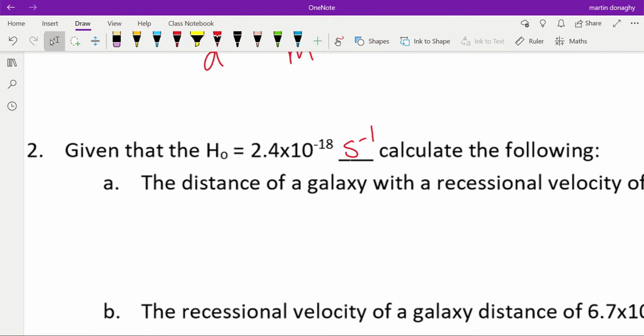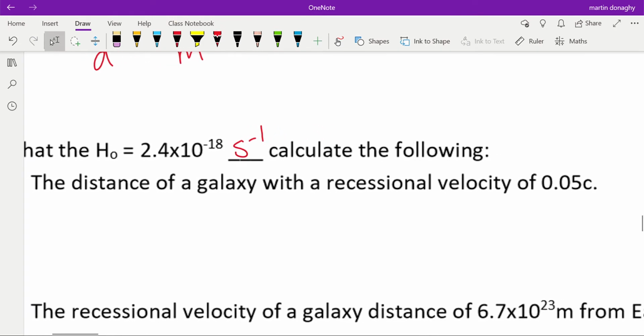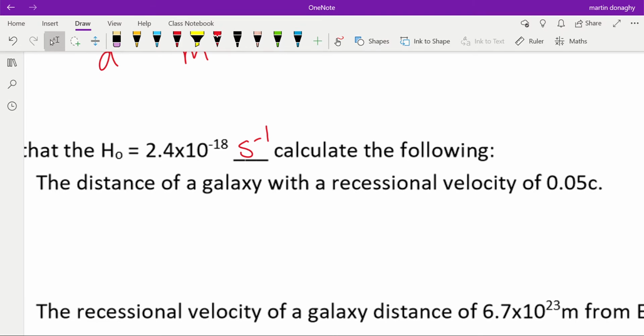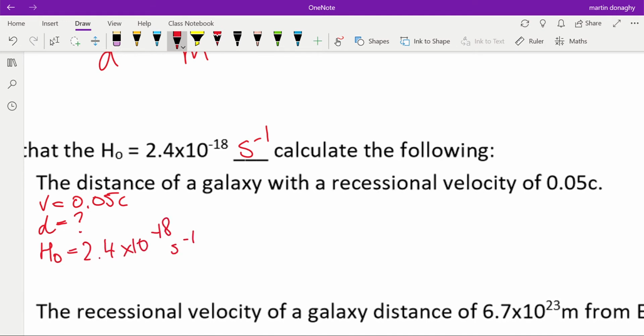Next question then asks us the distance of a galaxy with recessional velocity of 0.05 c. So the velocity is 0.05 times the speed of light. We're trying to find d, and our Hubble constant, our parameter, is 2.4 by 10 to the minus 18 per second. We just write out the equation.